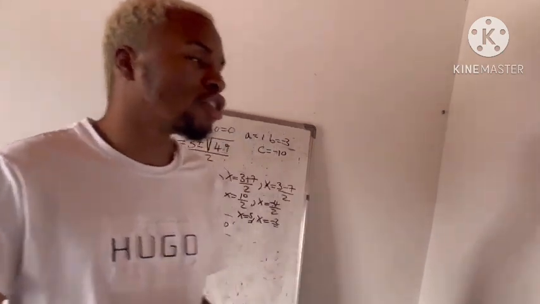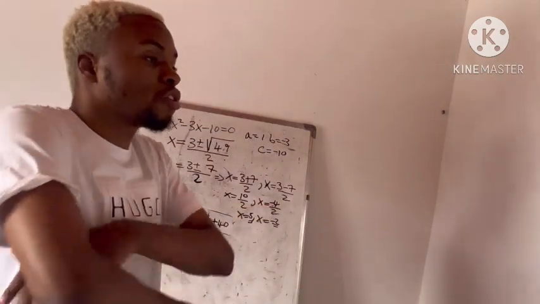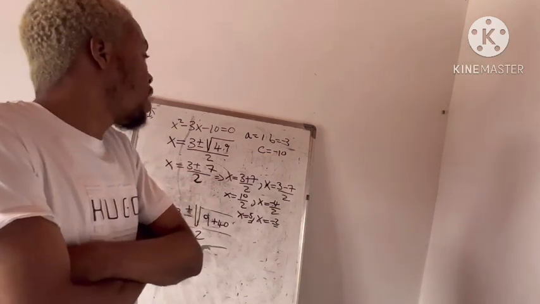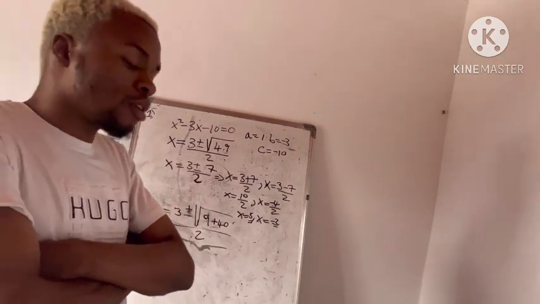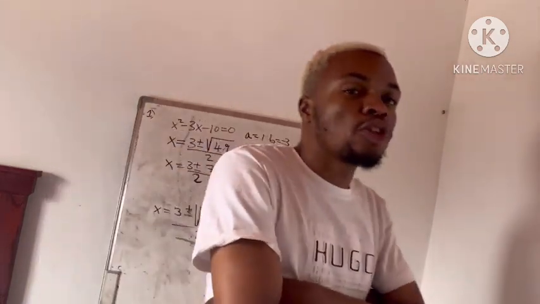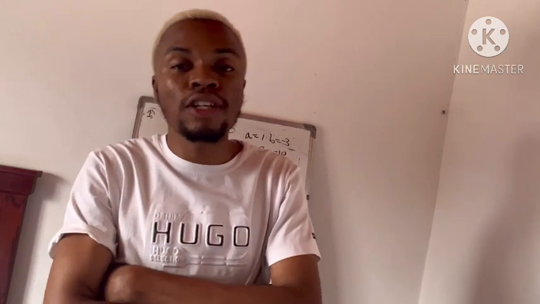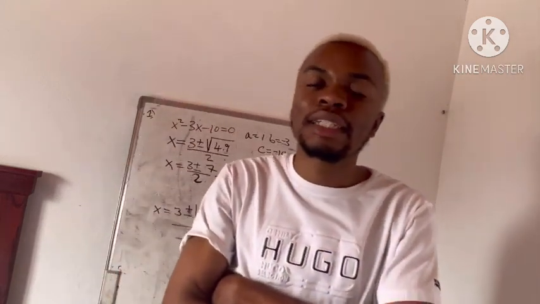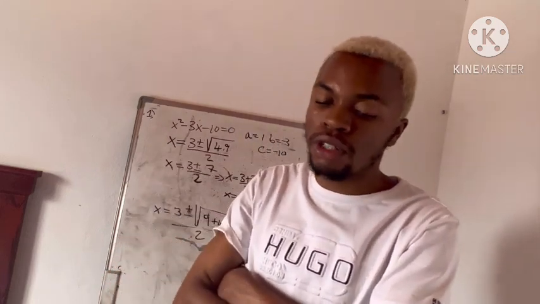Personally, I think the quadratic formula is one of the shortest ways, but others might consider the factorization method or the graphical method. At the end of the day, it's your choice: which one do you best understand how to use?